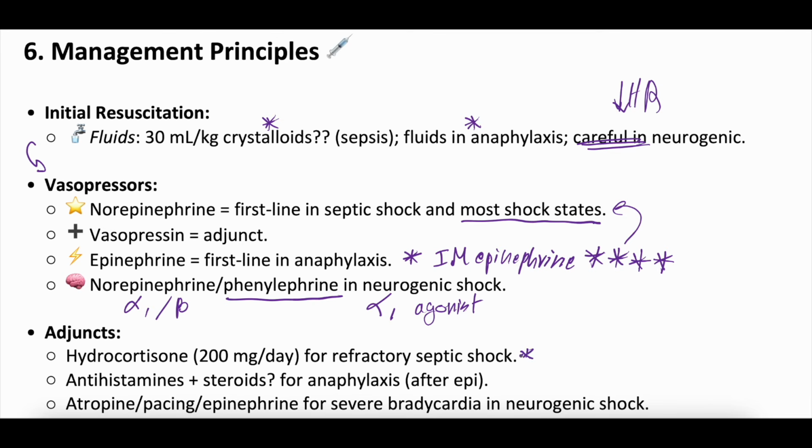Steroids in septic shock, antihistamines and steroids in anaphylaxis. Whether those work is unclear. In neurogenic shock, addressing the bradycardia with atropine or pacing or sometimes low-dose epinephrine are all things to consider. We'll be doing deeper dives on all these individual shock states where we'll get into some of the nuance of the management. This is just somewhat of an overview.